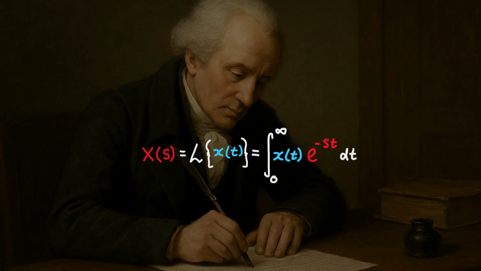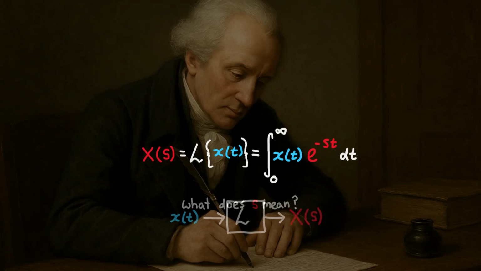Now, if you're seeing this for the first time, this must seem completely arbitrary to you. Rest assured, I'll make another video that goes much deeper into the caveats of this operation and attempt to give an intuitive explanation as to what this complex variable s really means. But for now, it suffices to know that we can go from the time domain t to the s domain by applying the Laplace transform L.